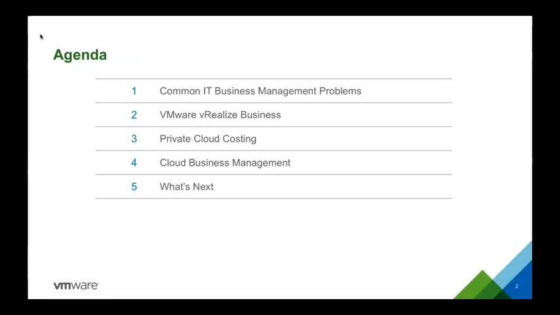I know not everyone views their internal data center as a private cloud, but certainly when I refer to private cloud, I'm also just talking about the standard data center someone's got where they have the VMware vSphere technology employed. I will also talk about private cloud costing and business management, and then there's a few pointers to where you can get some additional information.